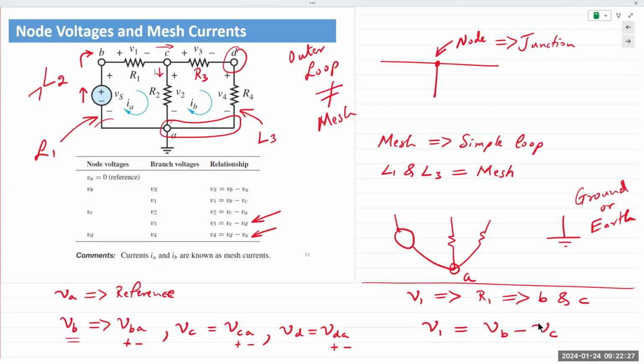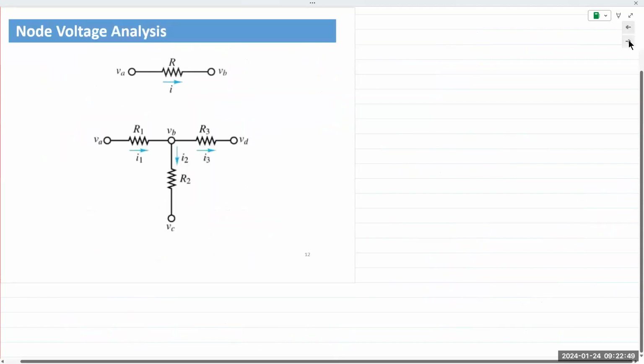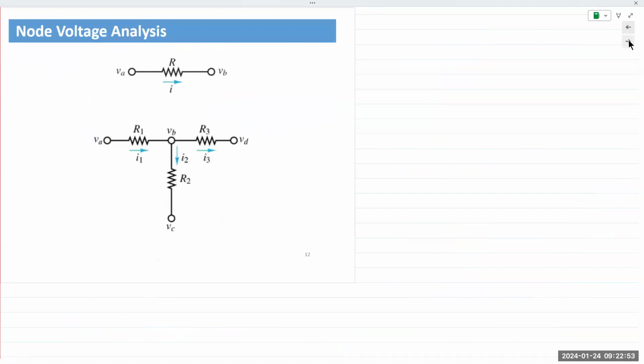Okay, so is everybody clear on resistor voltages versus node voltages, and how to describe resistor voltages in terms of the node voltages? This is the foundation of node voltage analysis. So we would apply KCL in conjunction with node voltage analysis techniques to write out equations.